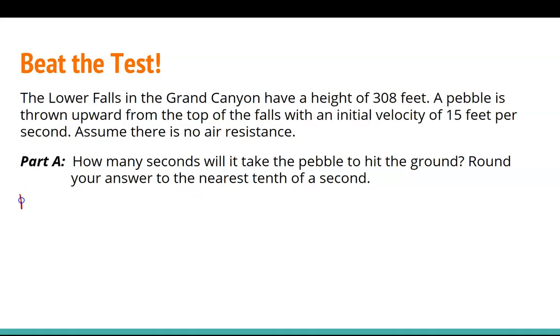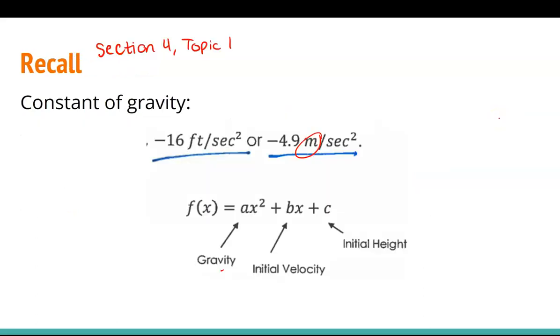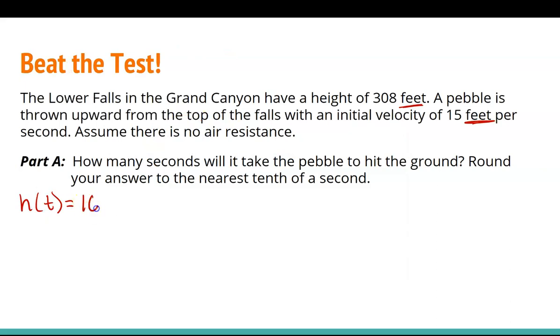So we're going to have our function, which is height over time, will be equal to gravity, which in our problem we're talking about feet. So our gravity is going to be 16 feet per second squared, or just 16x squared because we are in the A term.